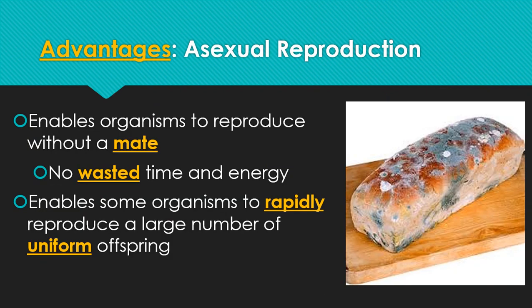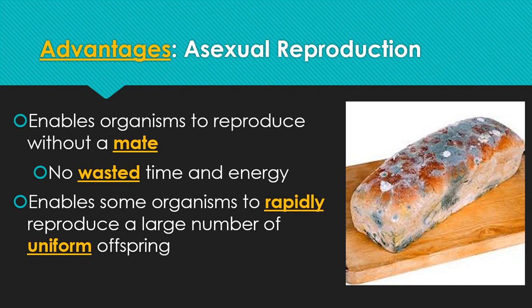Ito yung advantage ng asexual reproduction. Number 1, kahit wala kang mate, you can reproduce. Kasi single parent lang, kaya mo magkaroon ng baby or anak. No wasted time and energy as compared to sexual. Hindi ka na maghahanap ng mate mo. Mas madali.